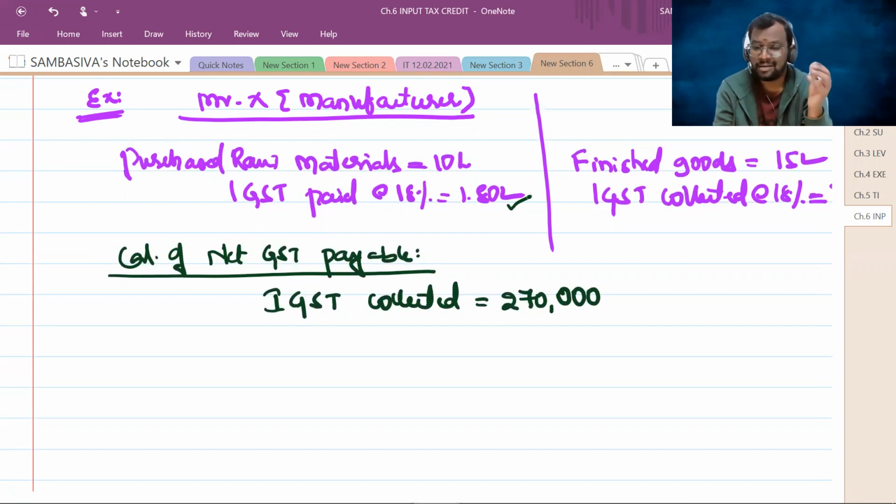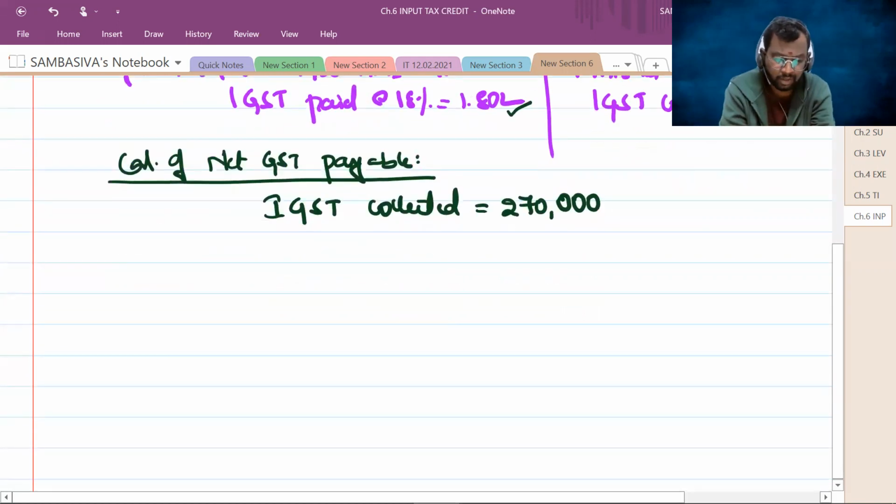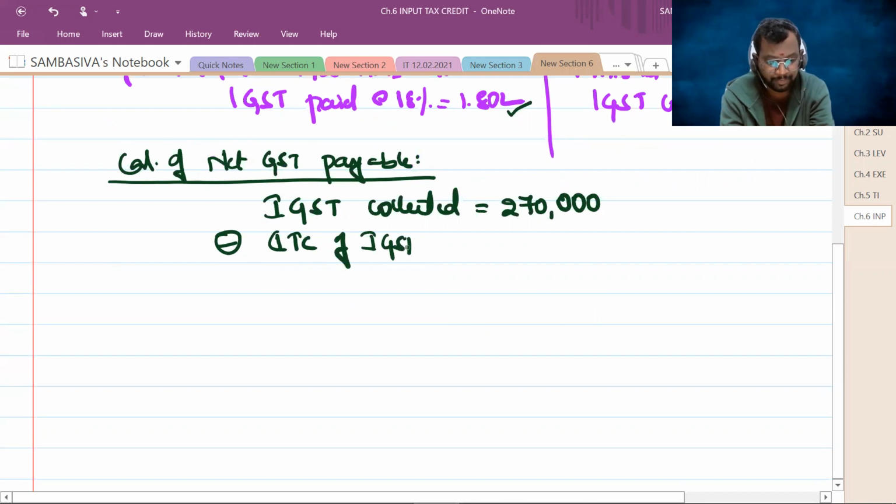Taking the credit of input taxes from the output tax is what we call input tax credit. Now in this example, we need to pay 2,70,000 to the central government, but we have already paid 1,80,000 earlier. So that 1,80,000 is retained with you.